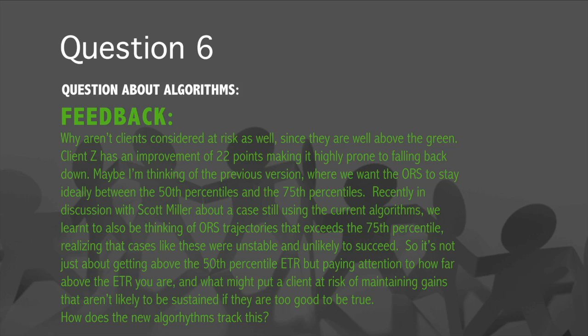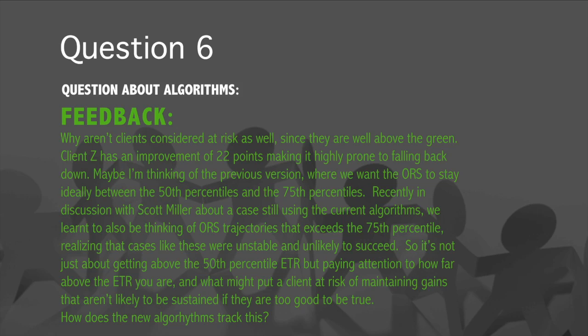Maybe I'm thinking of the previous version, where we would want the ORS to stay ideally between the 50 and 75th percentile. And then he goes on to say, recently he was talking to you about a case with our current algorithms, and that we were thinking the ORS trajectories that exceeded the 75th percentile were cases that were unstable and unlikely to succeed.